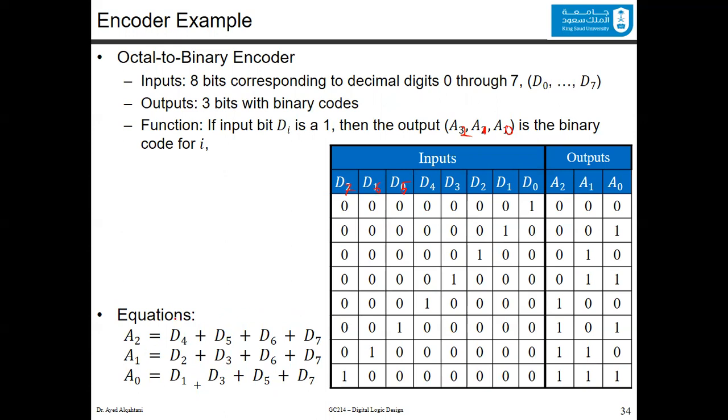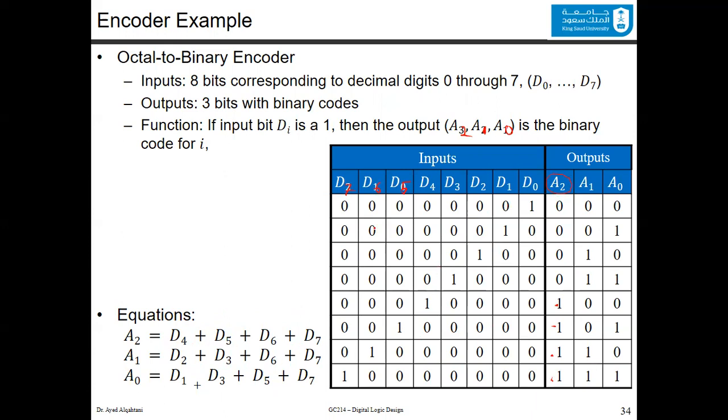And because of this, for A2, you will look at the ones: the first one corresponds to D4, this one corresponds to D5, this one to D6, and this one to D7. You write the equation this way.